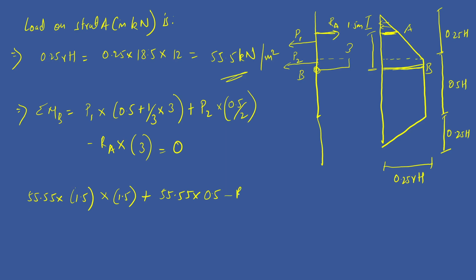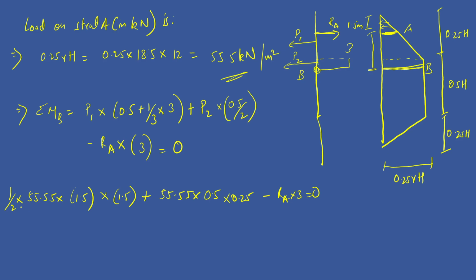Yeah, got it. So minus RA into 3. Sir, something is missed before RA: 55.55 into 0.5 into 0.5 by 2. That is missing. That's correct. Minus RA into 3. So this value half should come here, right? For the triangular diagram, you have already written 0 plus 55 by 2.